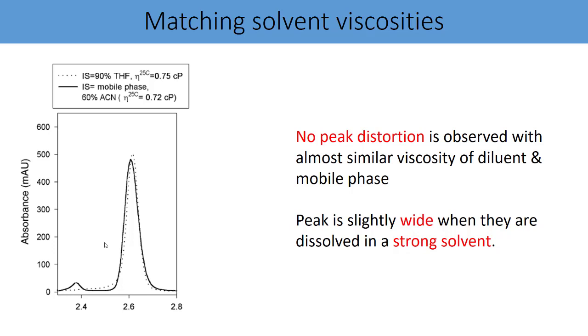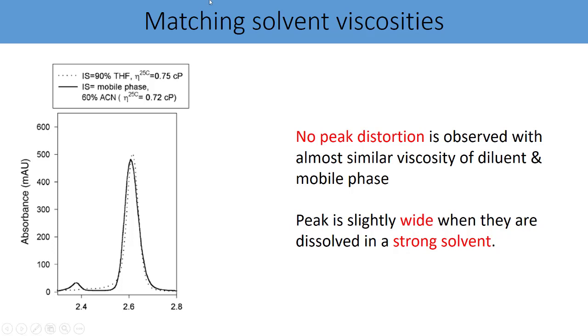The mobile phase is having the viscosity of 0.722 cP, which is 60% ACN. And look at the peak. You got a very beautiful peak just by using this diluent as a mobile phase, which is quite acceptable or expected.